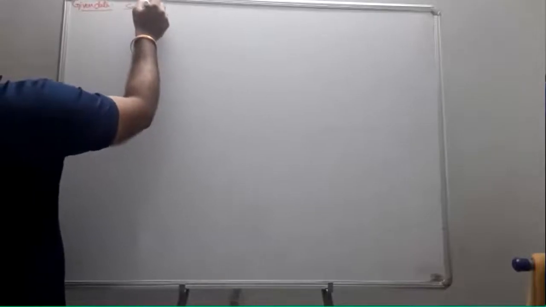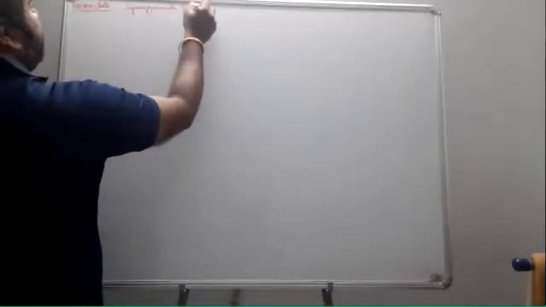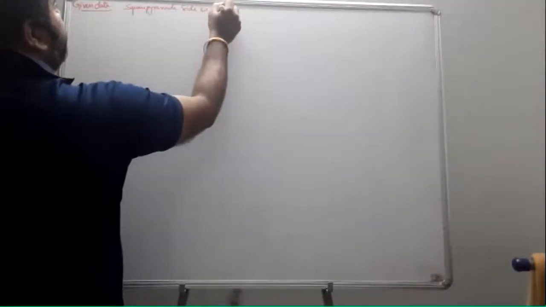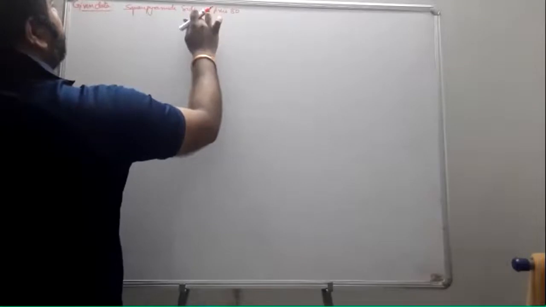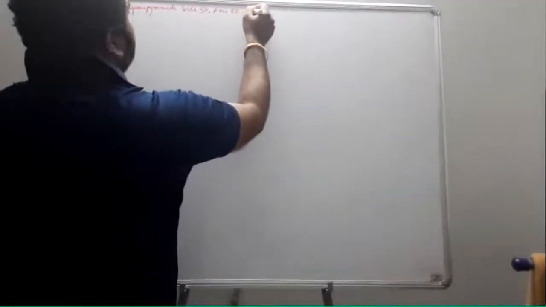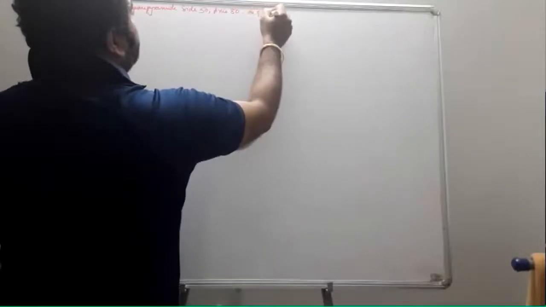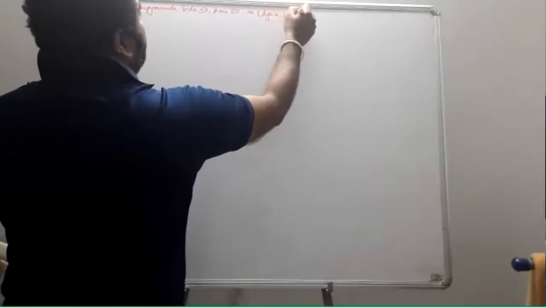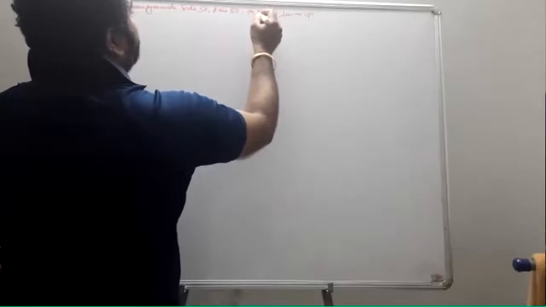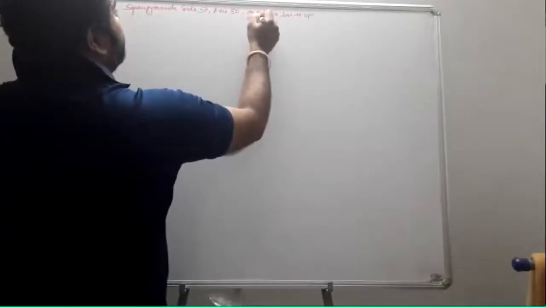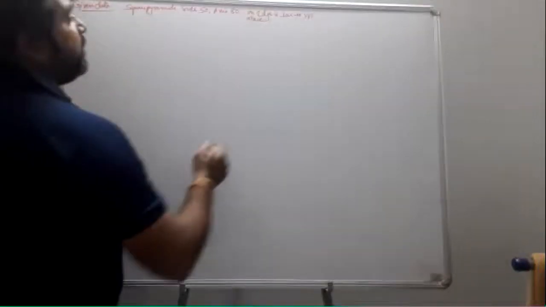Square pyramid, side 50, axis 80. One base edge is perpendicular to VP.